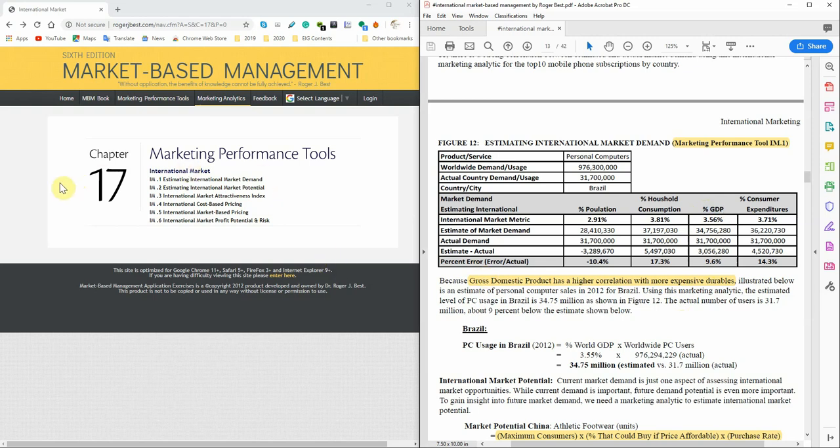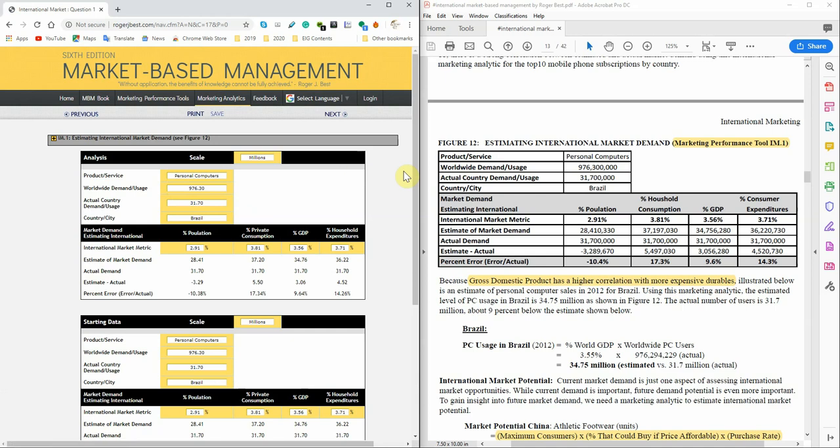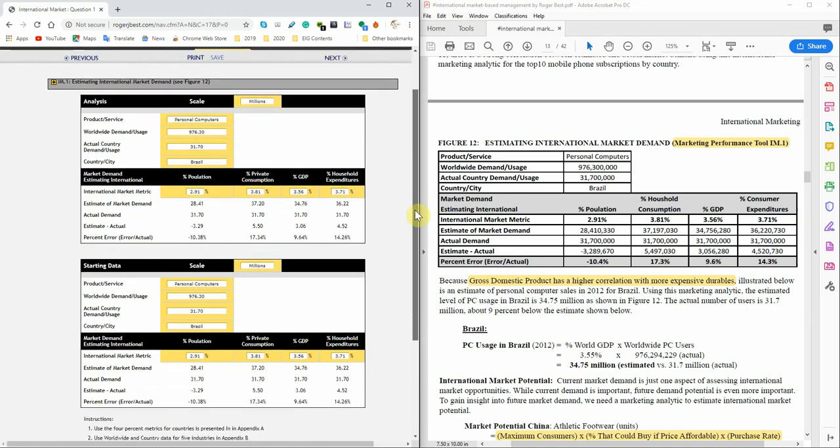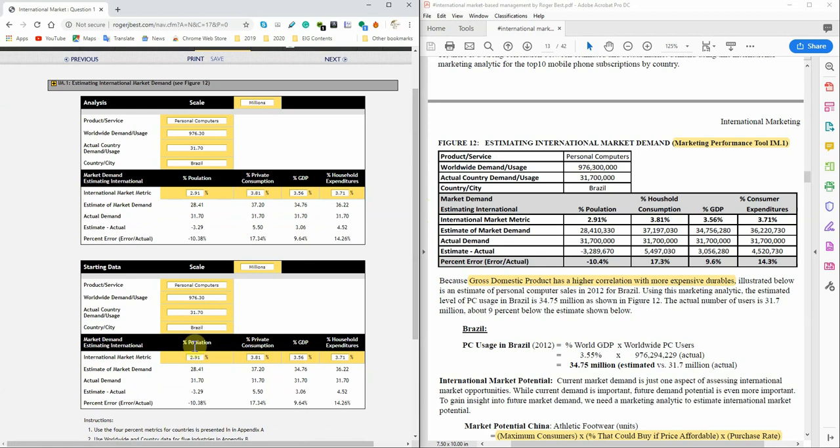On this page, you can click the first one, IM1, estimating international market demand. You can see two tables here. We will leave the second table and work on the first table by making some changes. This time we will use the case of the United States, which is more familiar to us.